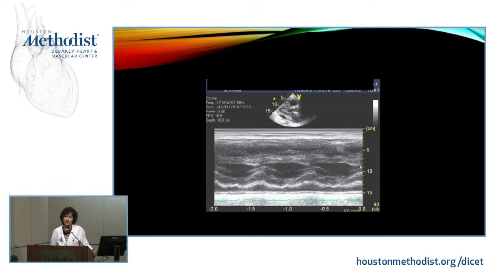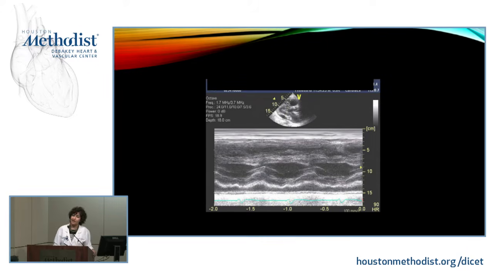I had mentioned earlier that the chamber that is most vulnerable to being compressed is going to be the one which has the lowest pressure, usually in the diastolic phase for the ventricles, relative to the intrapericardial pressure. So here something suggests, are the RV pressures too high?